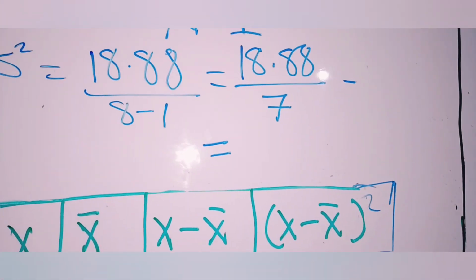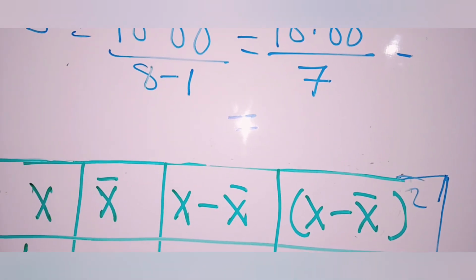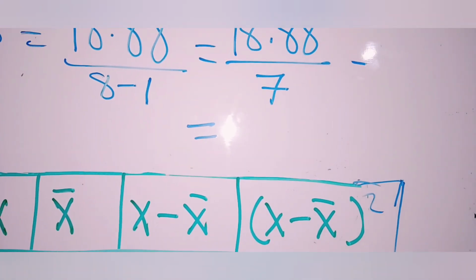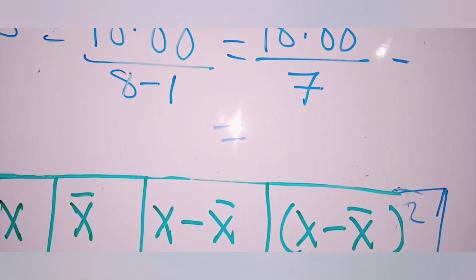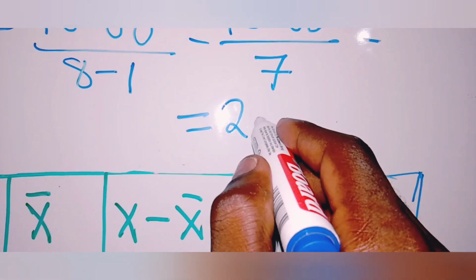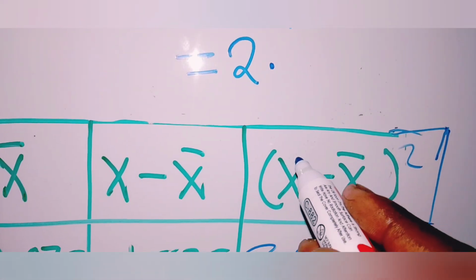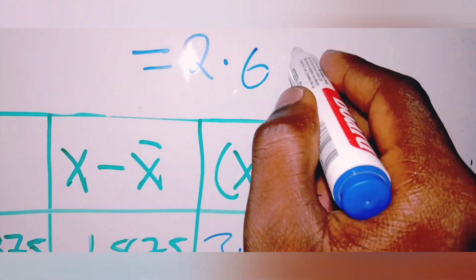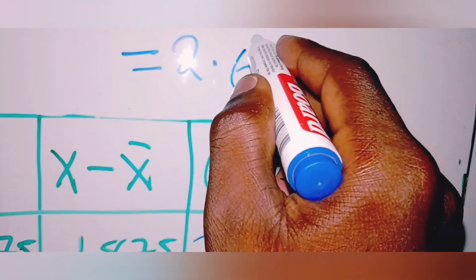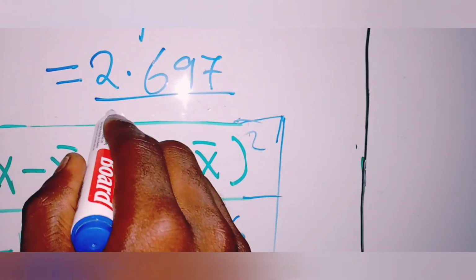Remember, when you're answering during exams, it has to be presentable. So 18.88 divided by 7, that will give us 2.697. So this is our variance.